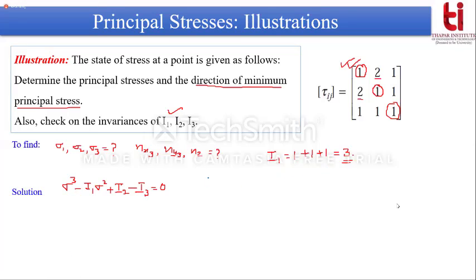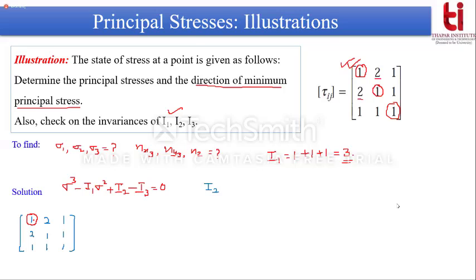So I2 means the cofactor of all the principal diagonal terms. तो अगर मैं ये वाली टर्म ले रहा हूँ, it means I have to get this term. Let us quickly write this: 1 2 1 2 1 1 1 1 1. So if this is a matrix, I have to first get the cofactor of this term.